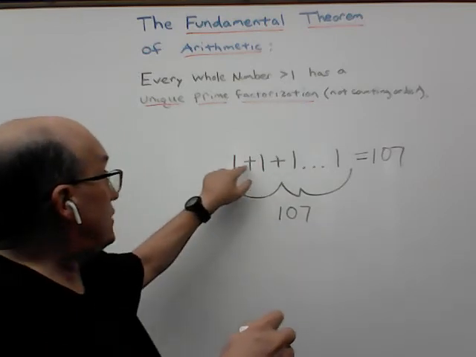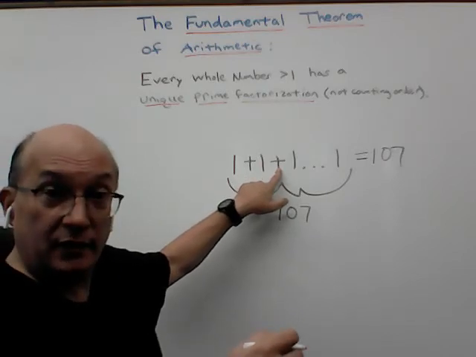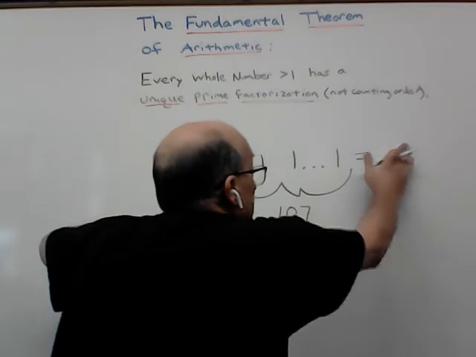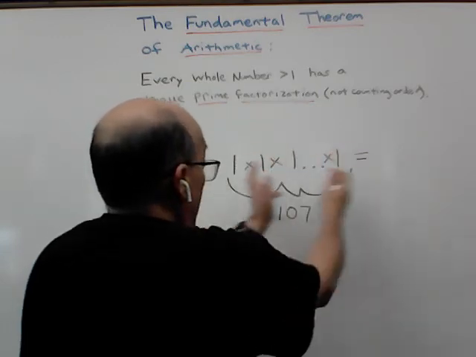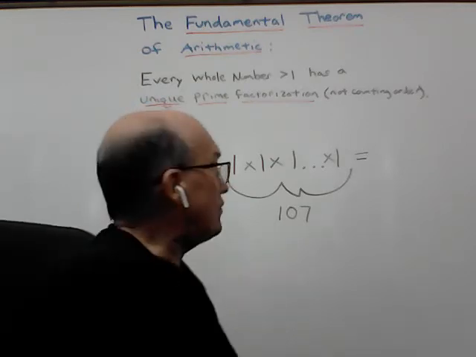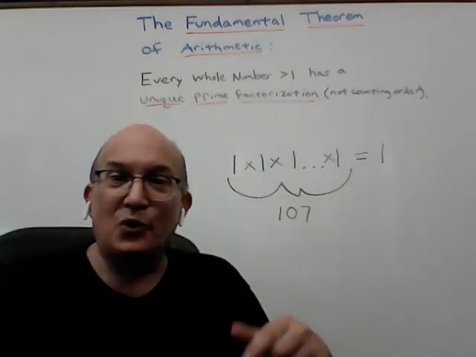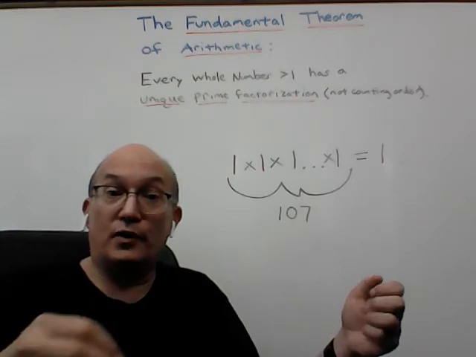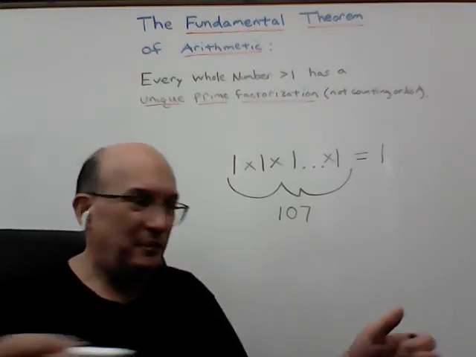Because if I replace these plus signs with times signs, let's say 1 times 1 and 107 1s, that's not 107, that's 1 if those are times signs, right? So we need something else to build all the whole numbers with multiplication, and that's the prime numbers.